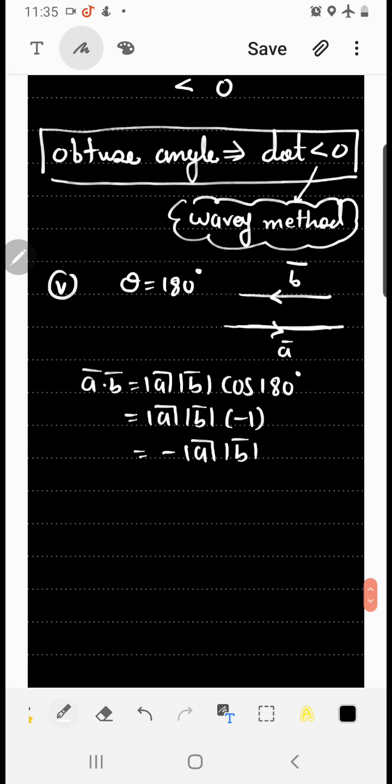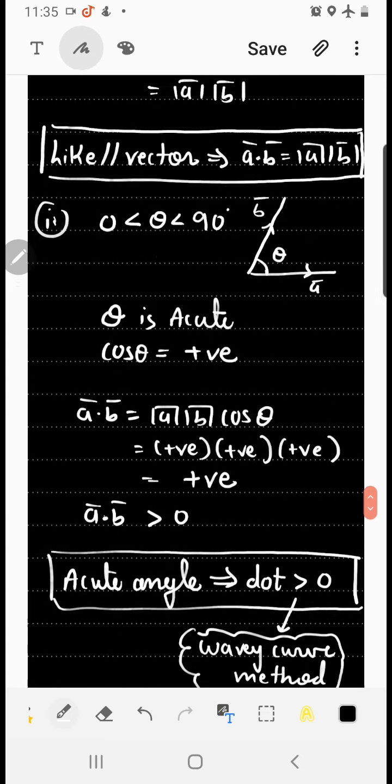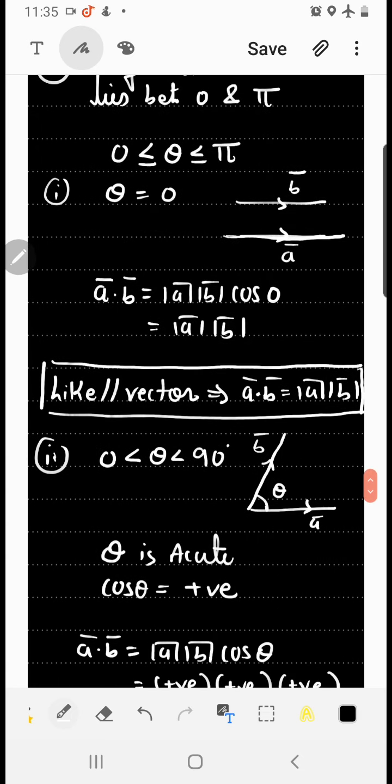Now if you see the 0 degree condition, you got A bar dot B bar is equal to mod of A mod of B, because cos 0 is 1. And the diagram was this, and I said A bar and B bar are parallel vectors, meaning they have the same direction.